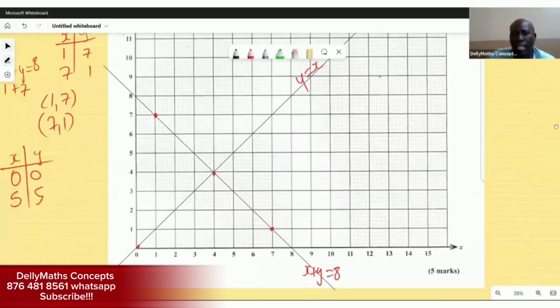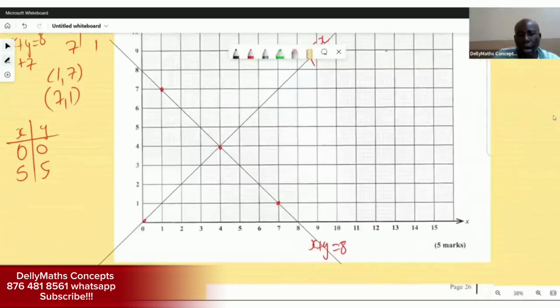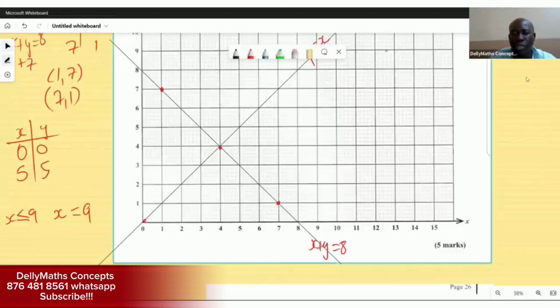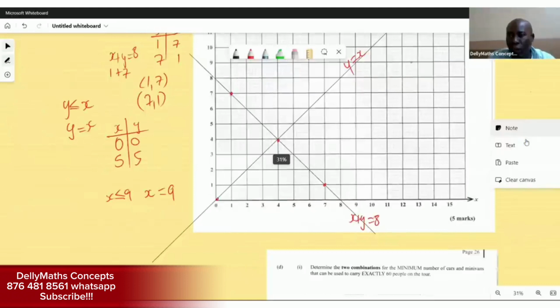Right. Another inequality that we had was that x must be less than or equal to 9, which means that the line we're working with is x equal 9. So we want to utilize x equal 9 right there.